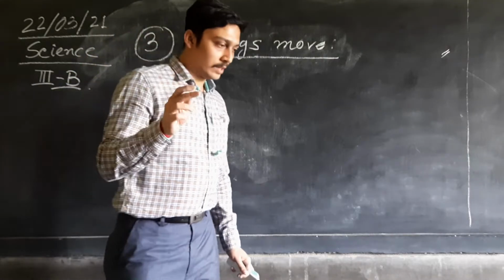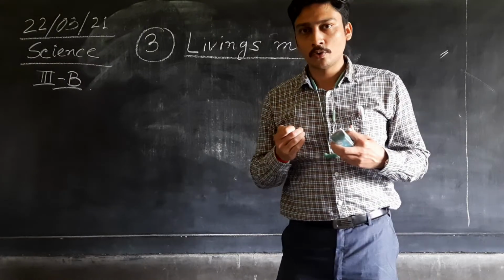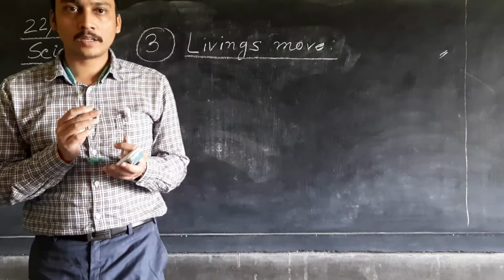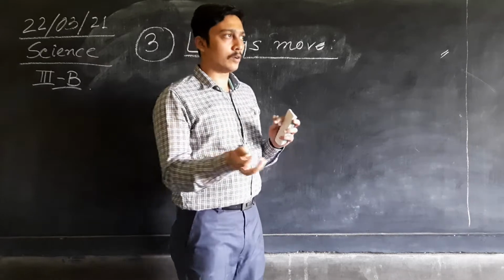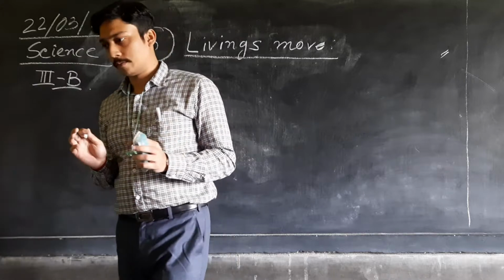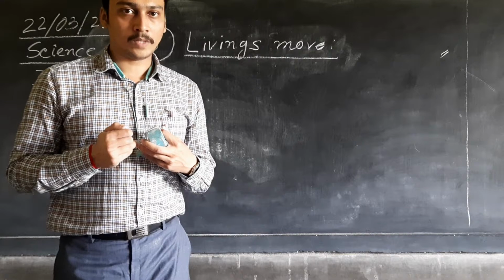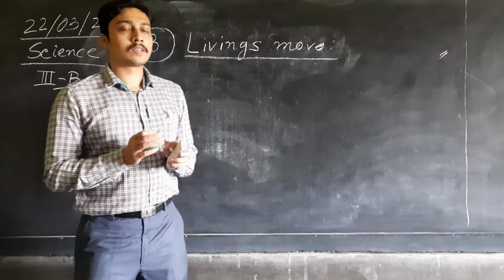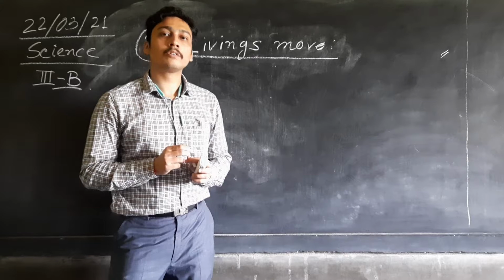You are sitting in your room watching my video, and your hands, your fingers are moving. Your parents are moving around you. Many other people are moving. So we are living things. That is the property of living things: living things can move freely.